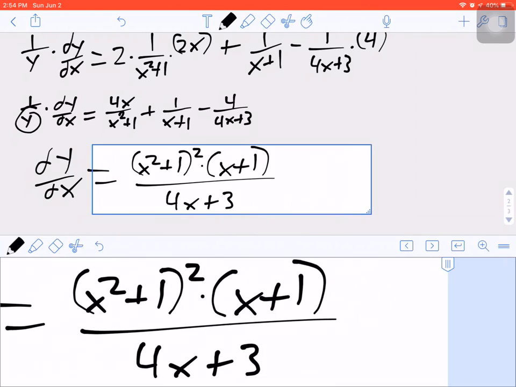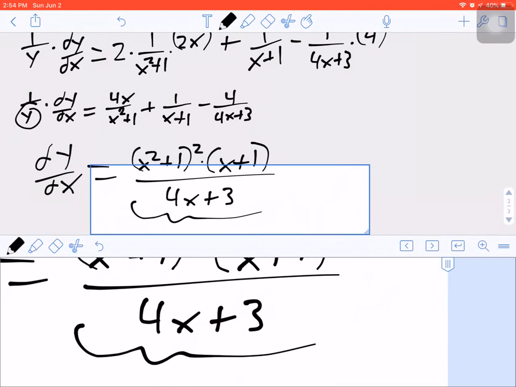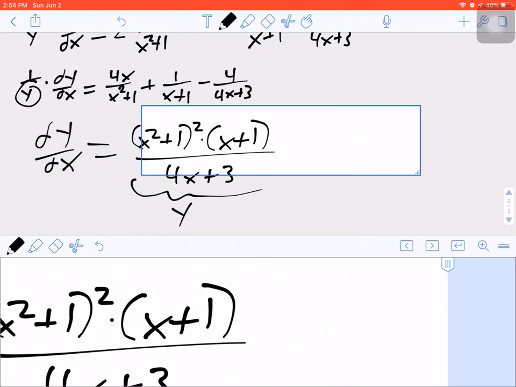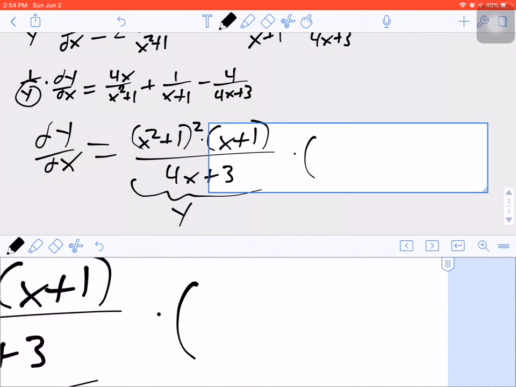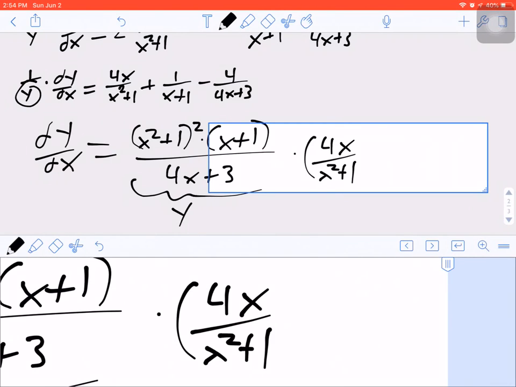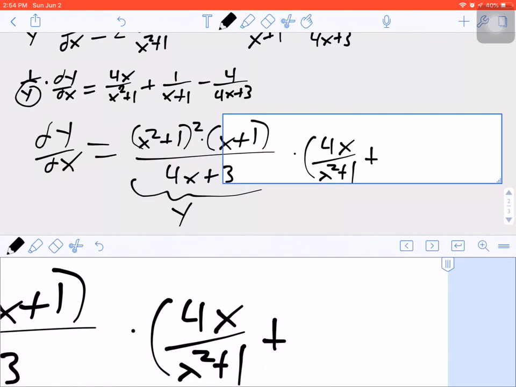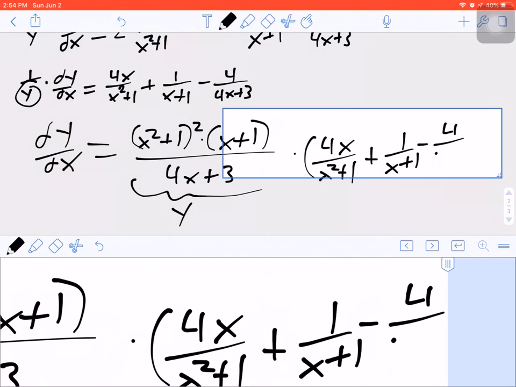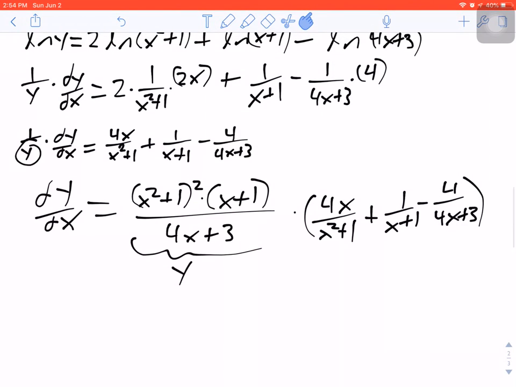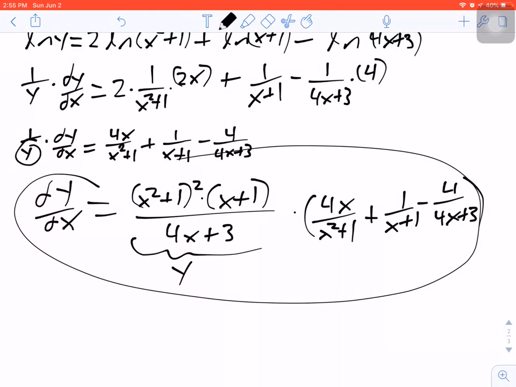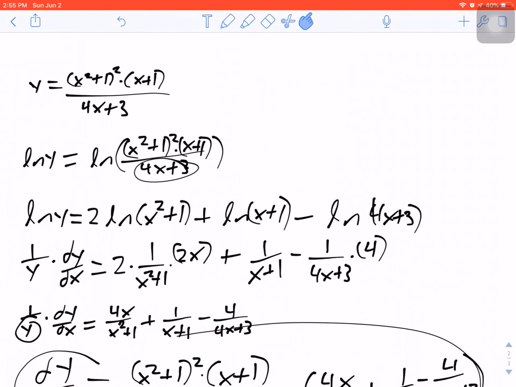And this is all y, this guy right here, y. And then we multiply it by the derivative we got up here, which is 4x over x squared plus 1 plus 1 over x plus 1 minus 4 over 4x plus 3. Alright, so this is your derivative equation right here, the derivative equation for your original.